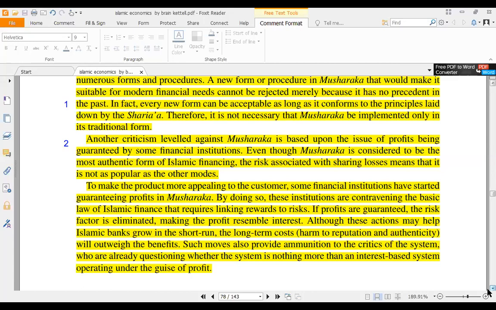By granting profits in the Musharaka mode of financing, they are going against the basic Islamic rule of financing, which links reward to the risk.